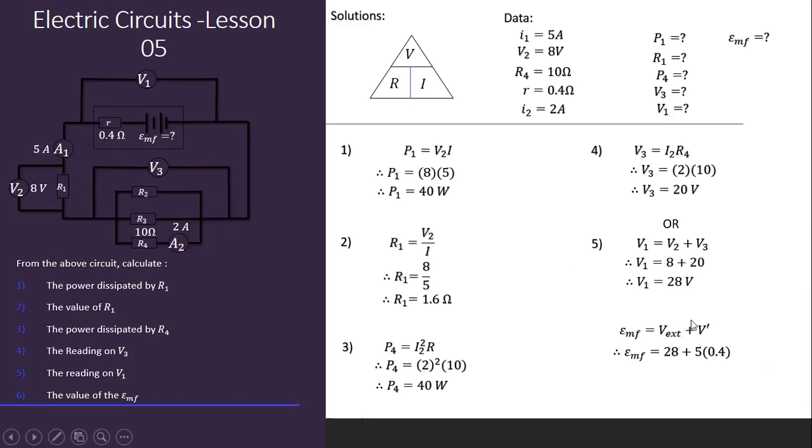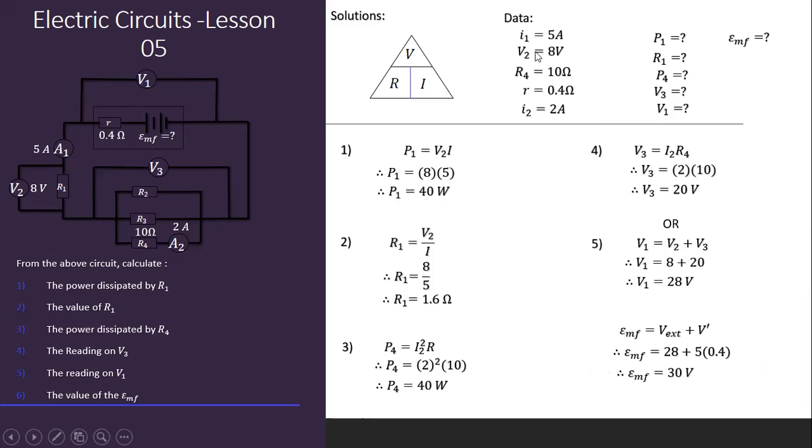To calculate V lost, it's just the total current I, which is 5 amps, times the internal resistance, which is 0.4 ohms. And then when we plug this into our calculator, we get that the EMF is equal to 30 volts. Okay, so we've answered all these questions.